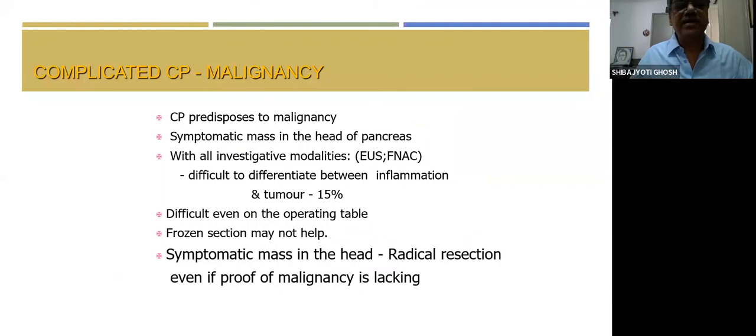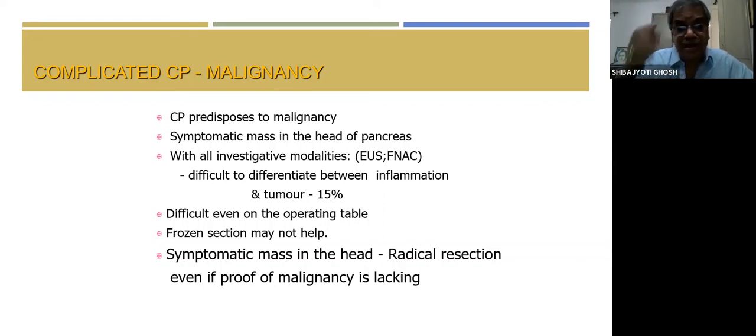Malignancy with chronic pancreatitis: in at least 3 to 5% of cases we can find associated malignancy. There are certain markers or signs and symptoms that should make you think about malignancy in chronic pancreatitis. Bilirubin in chronic pancreatitis is usually less than 5 or 7, but if it is more than 10, that should always raise suspicion of malignancy.